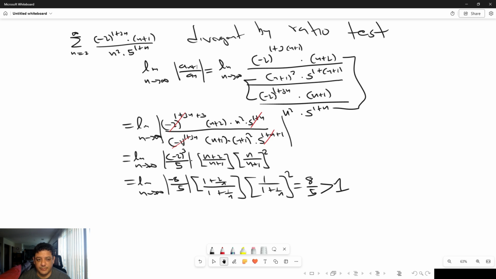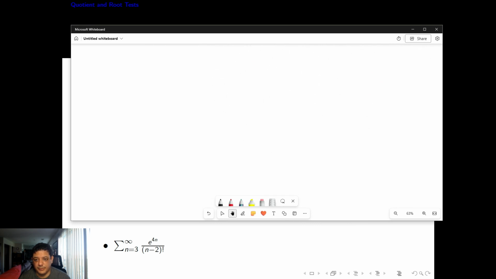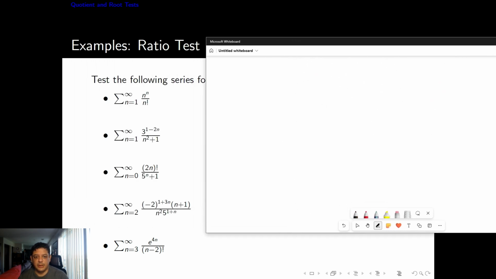Okay. All right, so one last example. We have the sum from n equals 3 to infinity of e to the 4n over (n minus 2) factorial.